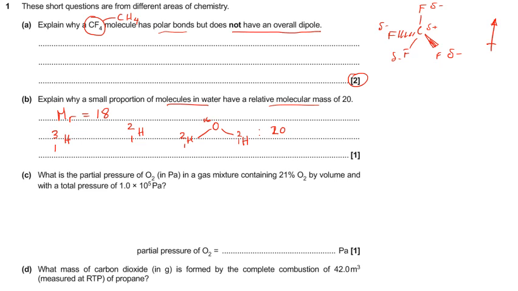Okay, so when we're on part C, about partial pressures, this is harking back to the ideal gas topic, and we've got 20% by volume. Let's not let volume confuse us, because when we're normally thinking about partial pressures, we're thinking about mole fractions, but of course for an ideal gas, volume is proportional to moles.